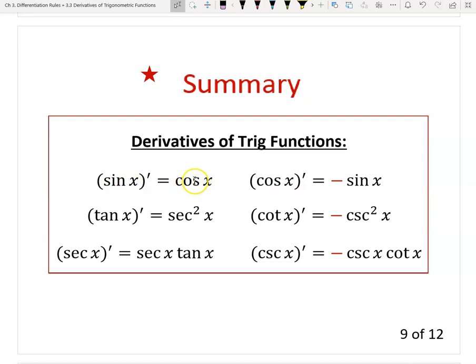What is the cofunction of cosine? Sine. What is the cofunction of secant? Cosecant. Cofunction of tangent, cotangent. Of course, the only difference you can see is the negative. That's what I highlighted here. All you need to pay attention to is this negative.